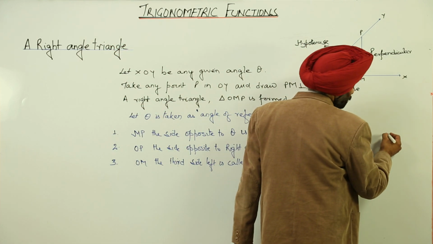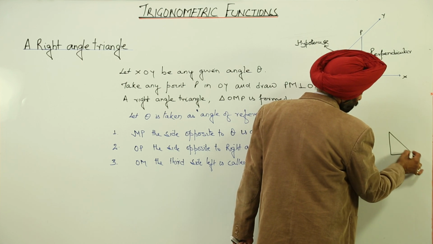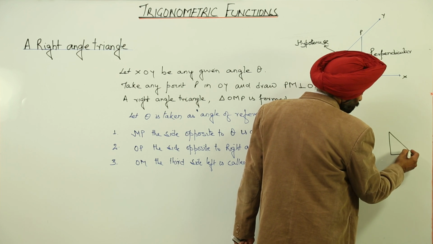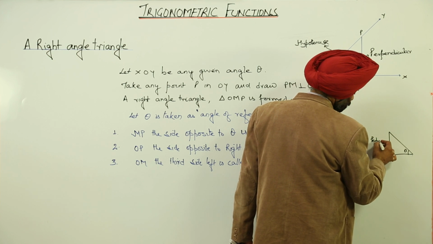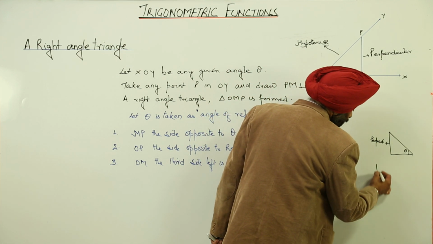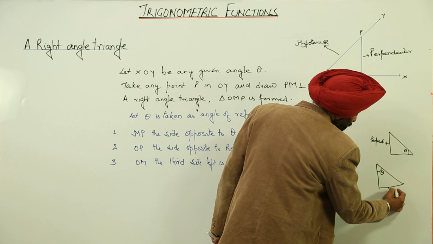Now suppose we have another figure. Suppose this is theta, then this side will be perpendicular. And in another triangle, if this is theta, then this is the perpendicular.